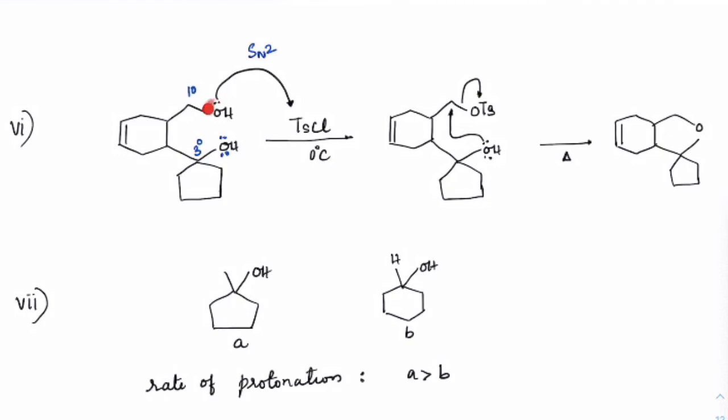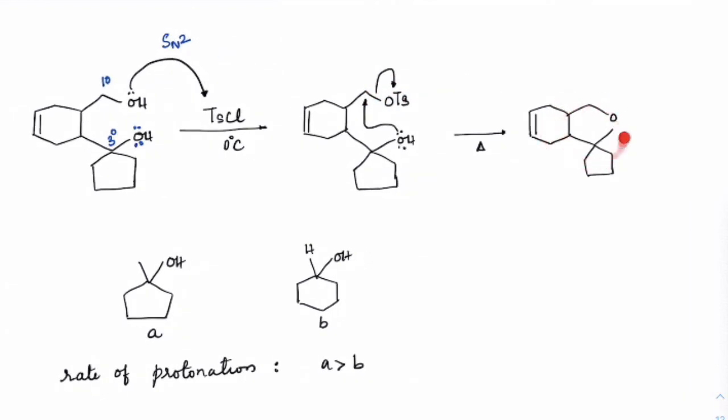So remember this, if you are making oxygen behave like a nucleophile, always make sure you attack from the least hindered side. So from there it has formed OTs, and then the lone pair on oxygen makes an SN2 reaction, again removes this OTs, and you will get this as the product.